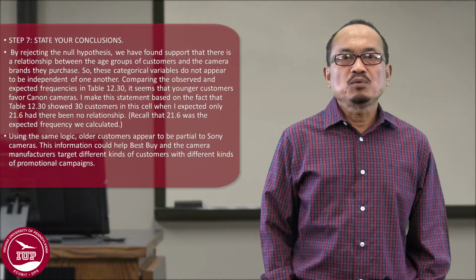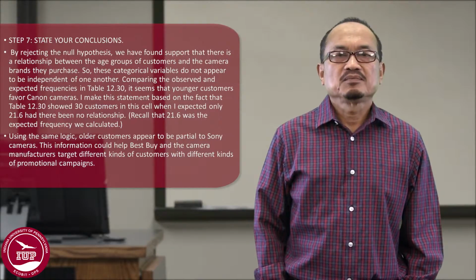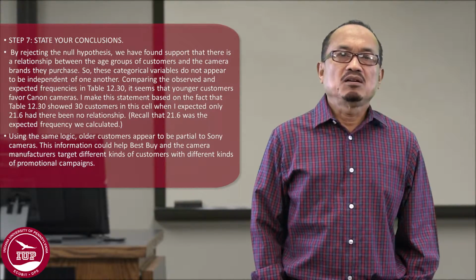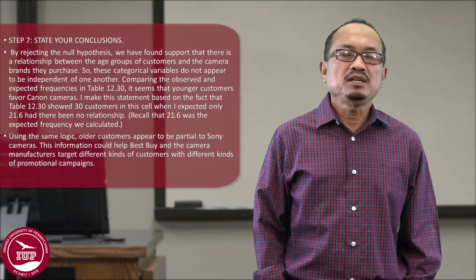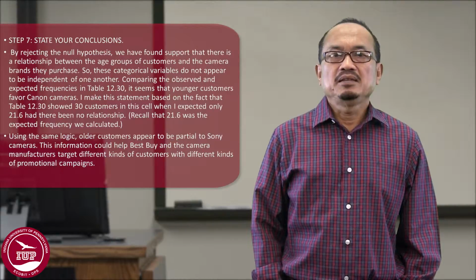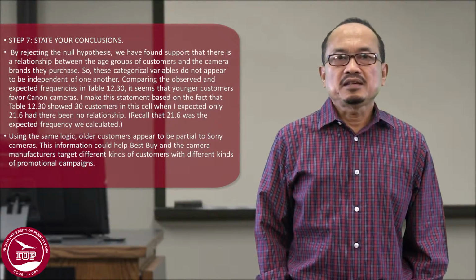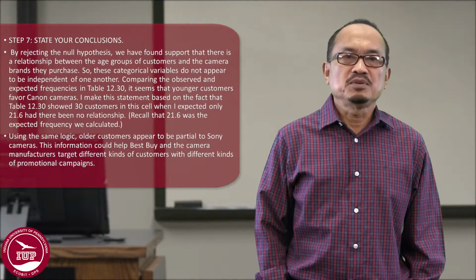Recall that 21.6 was the expected frequency we calculated. Using the same logic, older customers appear to be partial to Sony cameras. This information could help Best Buy and the camera manufacturer target different kinds of customers with different kinds of promotional campaigns.